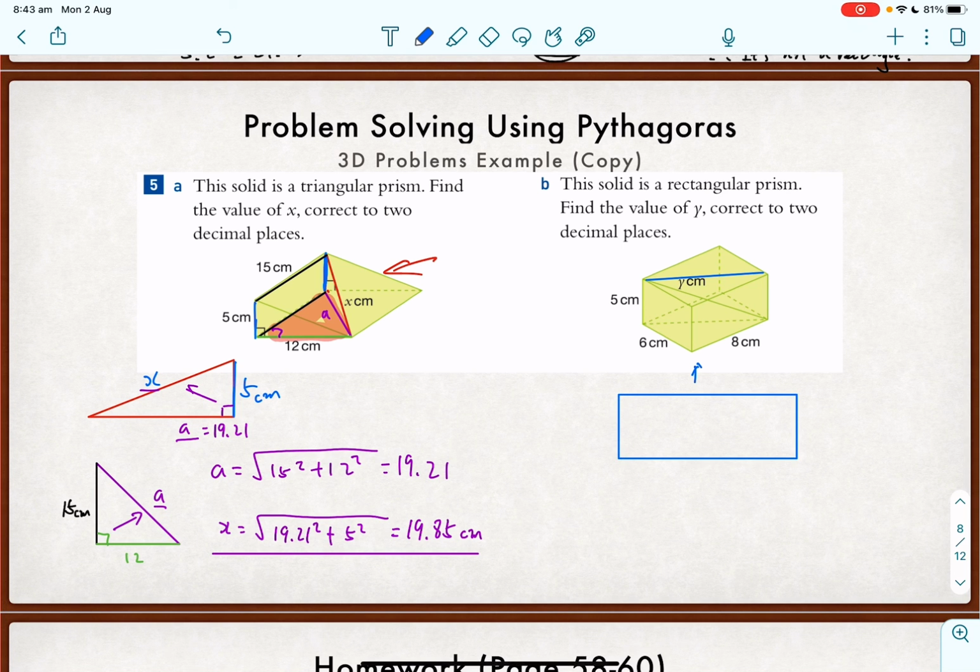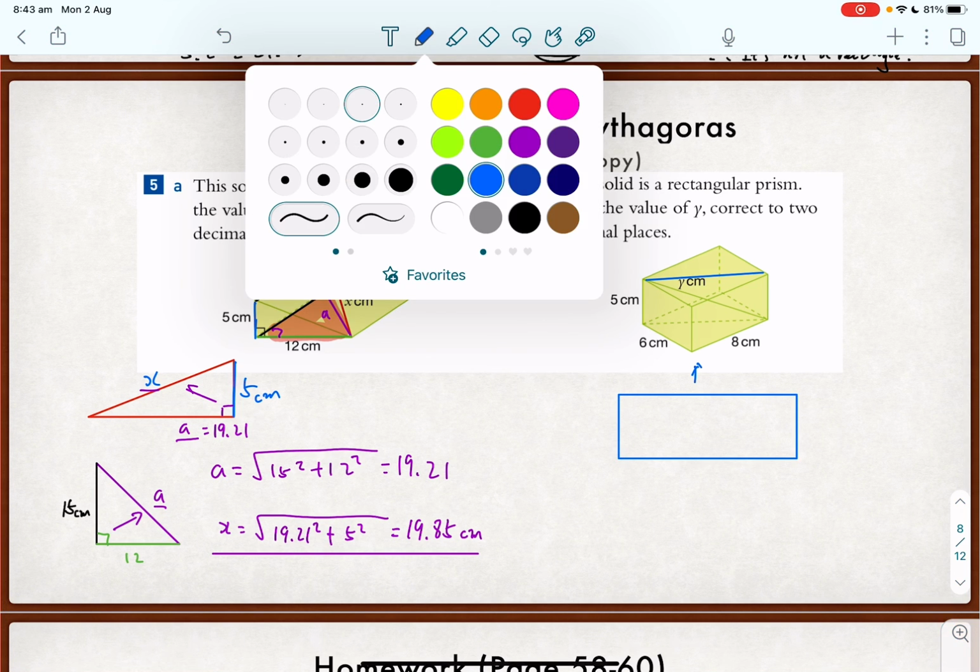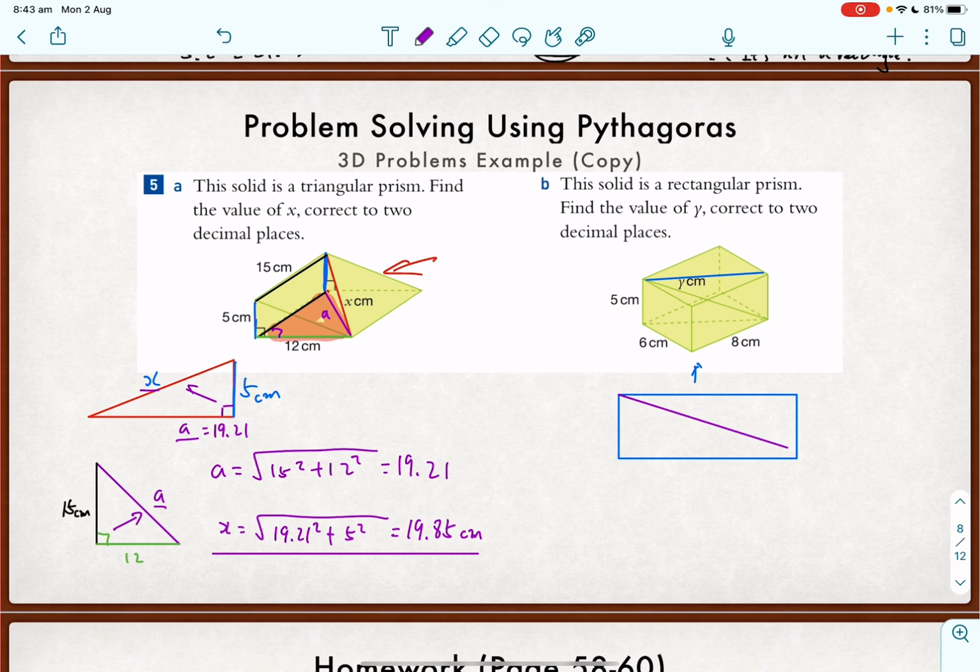And then you've got the diagonal here, which is y centimeters, and this is 5 centimeters. The bottom we actually don't know, so we need to work that out. I'll use this as a.